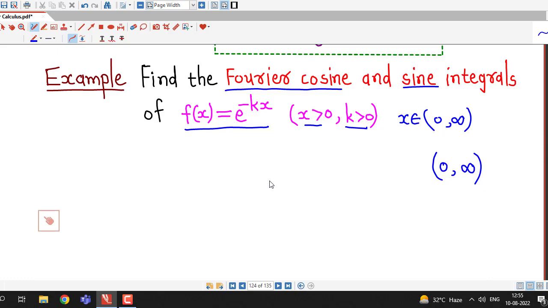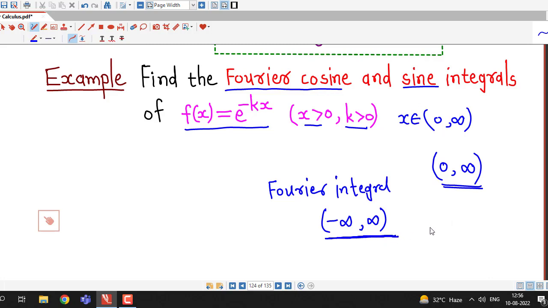And whenever we have question of finding Fourier integral, our function will be given as defined on the whole real line, that is minus infinity to infinity. So whenever we have half range, the question will be about Fourier cosine and sine integrals, and whenever we have full range, that is full real line, then we are asked to find out Fourier integral of f(x).